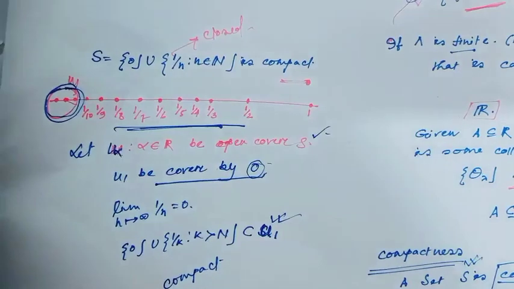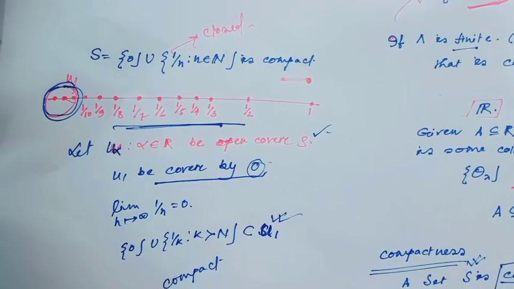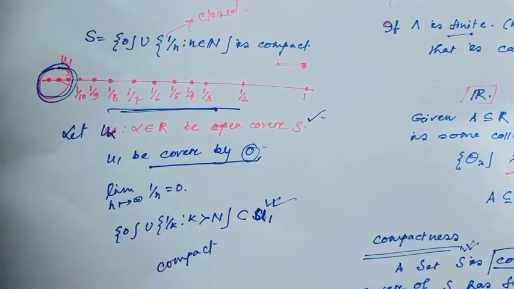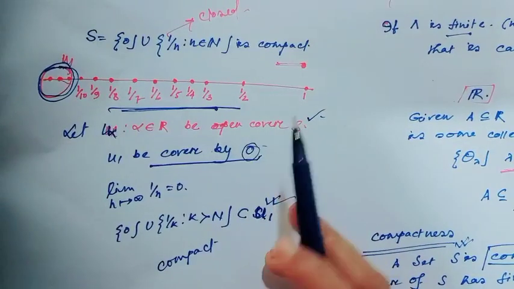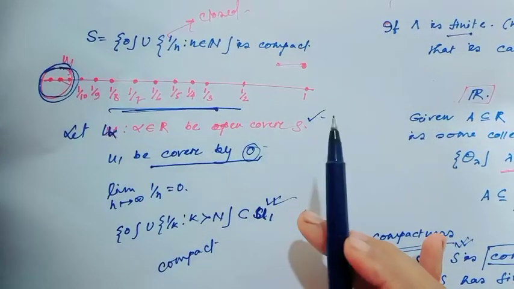And any set which contains its limit point, this type of set would always be compact. I hope all my viewers have understood why this is compact.